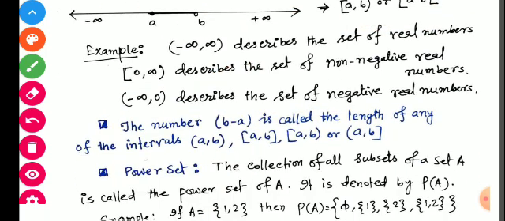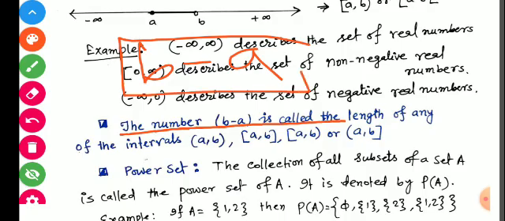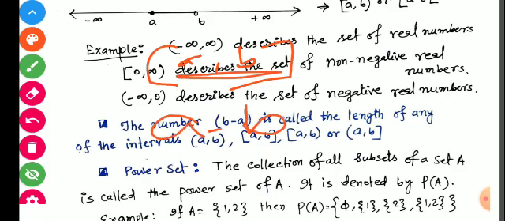Next we will see the number b minus a. If it is written b minus a, what does it mean? It means the length of the interval. If we write the closed interval a comma b, then b minus a represents the length of this interval.